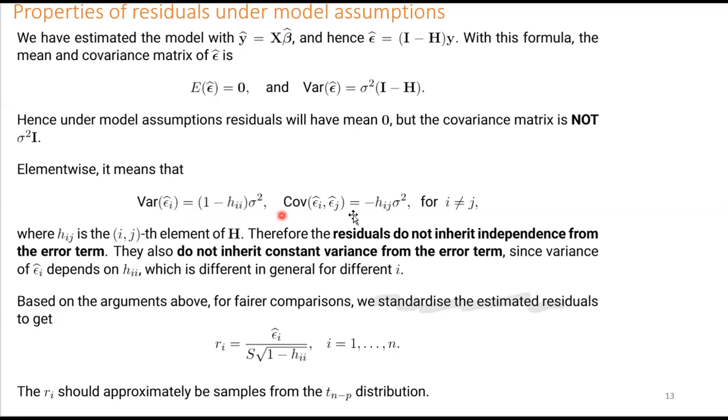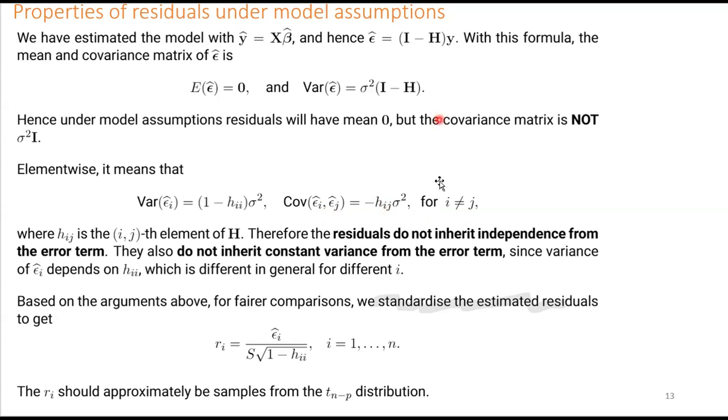The covariance also is not 0. Remember the assumptions: one of the assumptions was that the covariance or correlation between two distinct error terms is 0. But for the residuals, they're not going to be 0, unless the ij-th element of the hat matrix is 0.